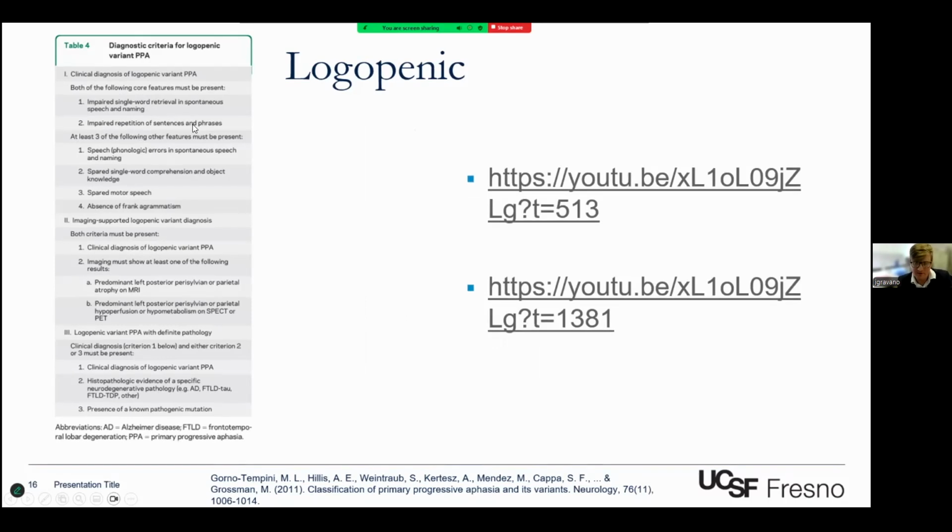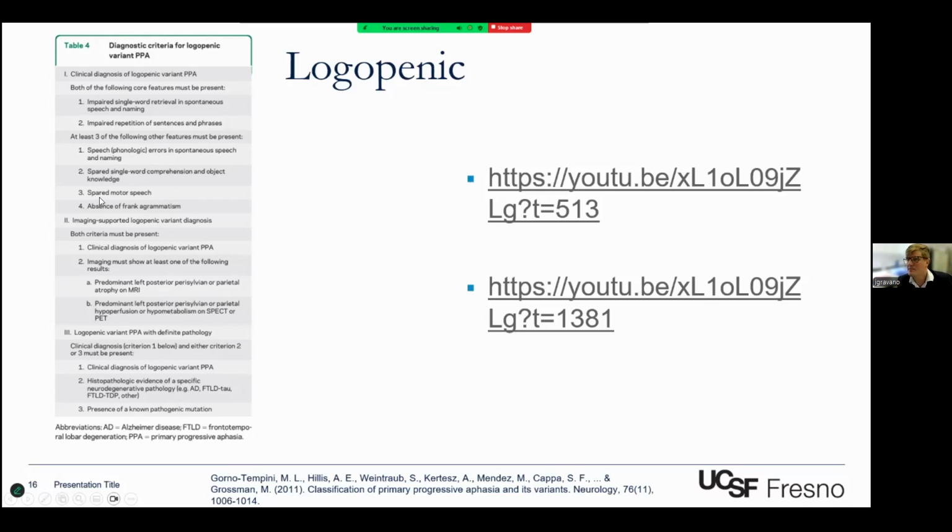So it seems like there's a phonologic-based core deficit in these disorders. And this presentation has speech errors in spontaneous speech that are phonologic in nature primarily, and then spared single word comprehension and object knowledge. So they know what it is they're looking at. They just cannot come up with that word, a word retrieval based challenge.